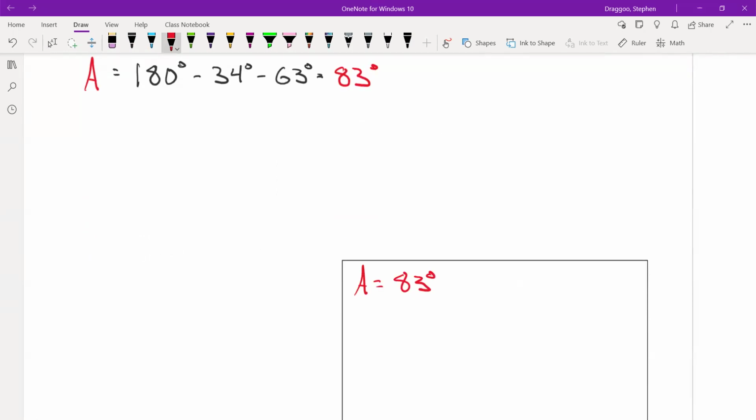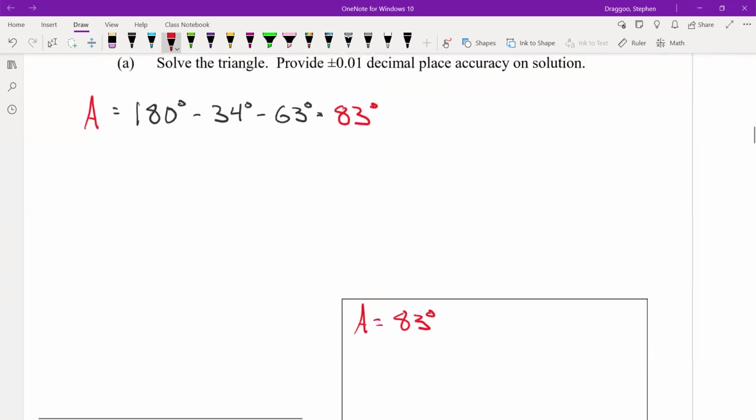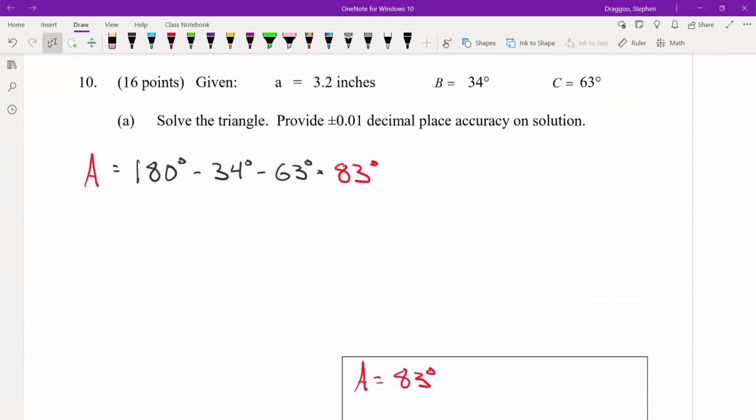With my leftover time, I should figure out what my last two side lengths are. I started by knowing what length A is. Now I've got to get length B and length C. So let's get B first. B divided by the sine of 34 degrees.